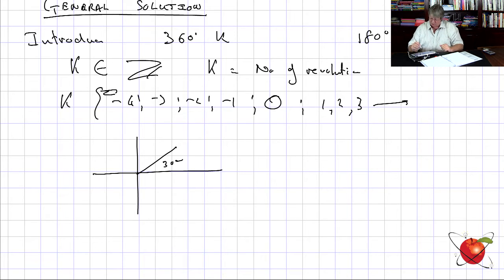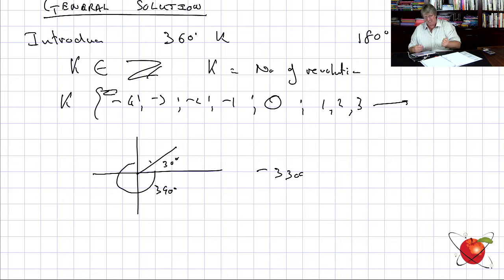Let's say that was a solution. Therefore, if 30 is a solution, well, hang on, 390 is a solution, isn't it? And also minus 330 degrees, also a solution, right? And k times that.